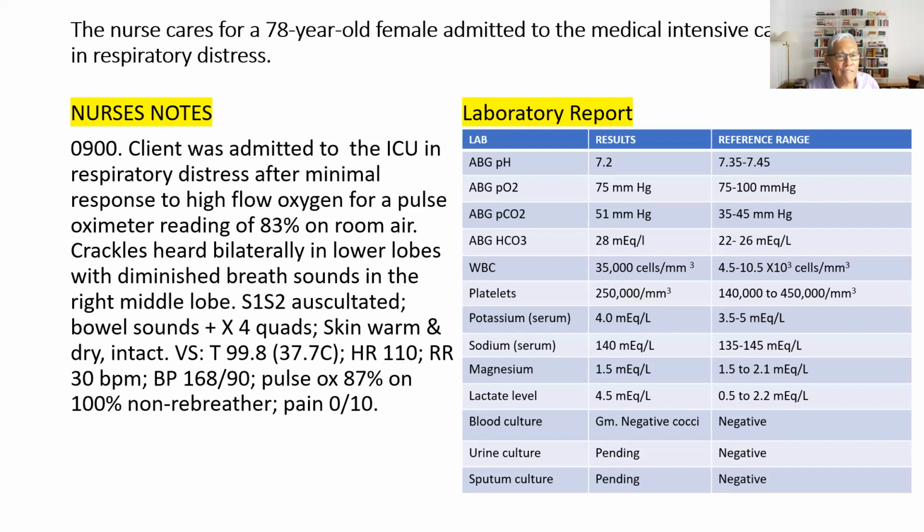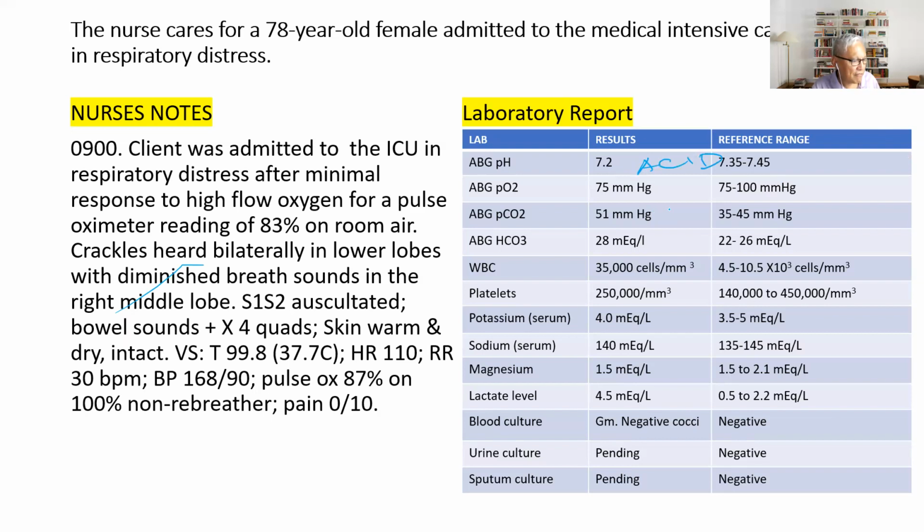So these are the lab values. We see that the pH is 7.2 and the O2 is 75 and the CO2 is 51 and a bicarb of 28. So if we are trying to interpret this, okay, 7.2 is acid.